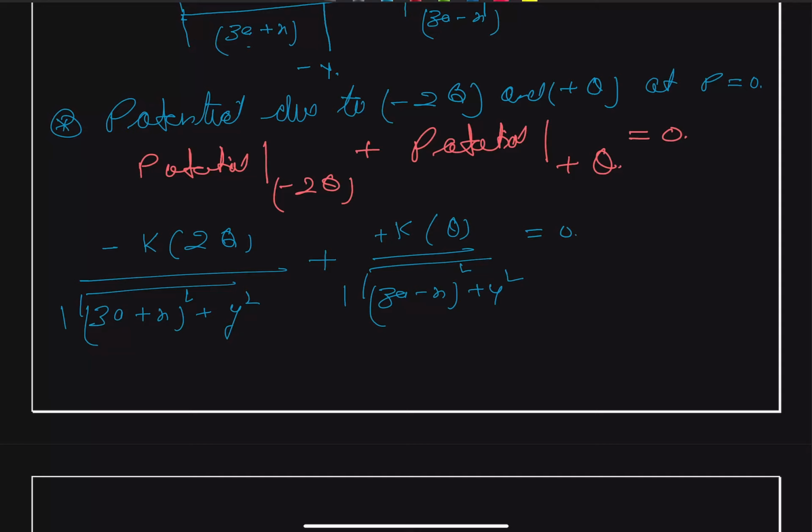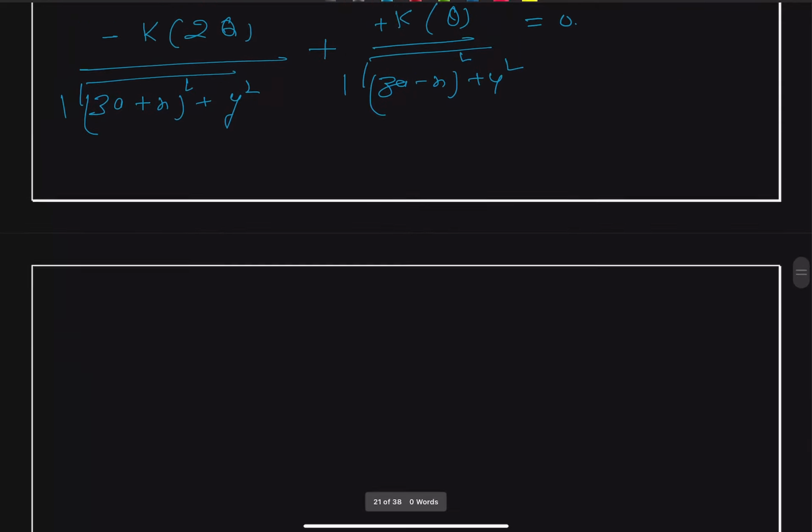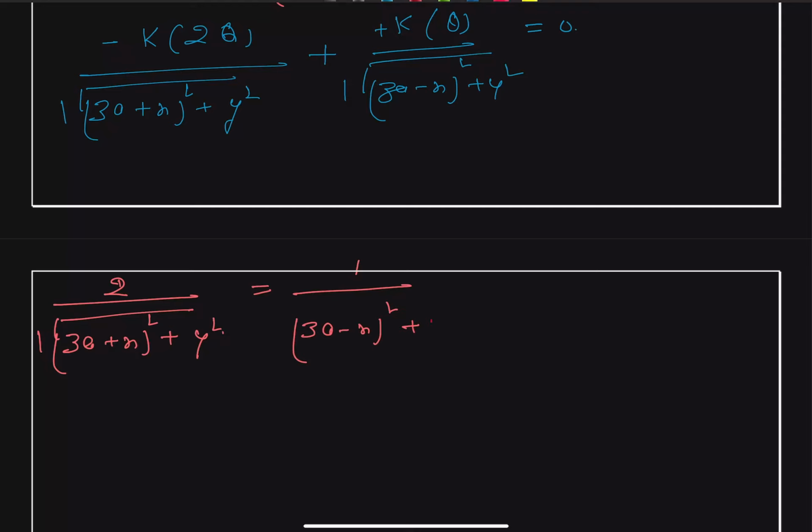And obviously k and q cannot be equal to 0, so the minus and minus will cancel out, and we can write 2 upon the square root of 3a plus x whole square plus y square is equal to 1 upon the square root of 3a minus x whole square plus y square.